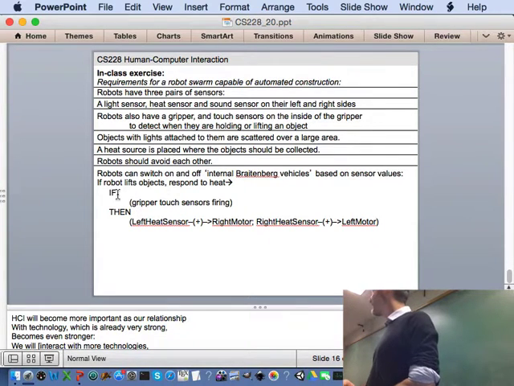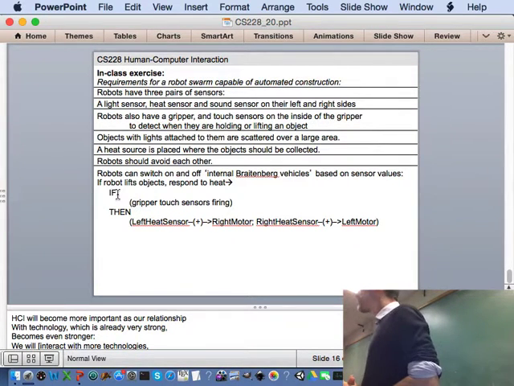And state, in the case of a robot, is dependent on certain sensory situations. So there are two different states we can think about, whether the robot is holding an object or not, right? It's up to you in this in-class exercise how many of these states you want to define, but the states are defined by sensory information.